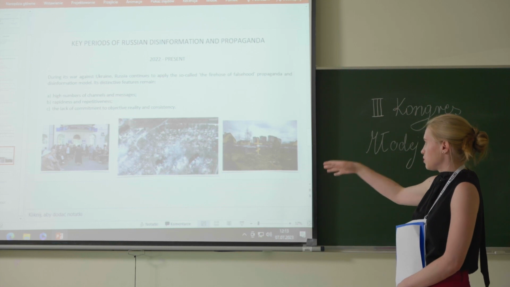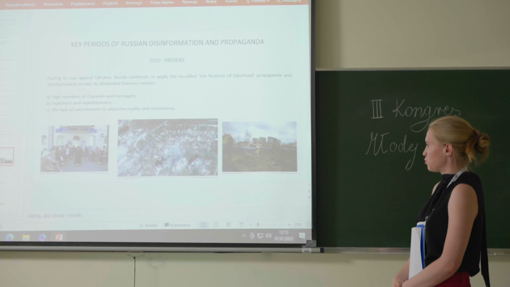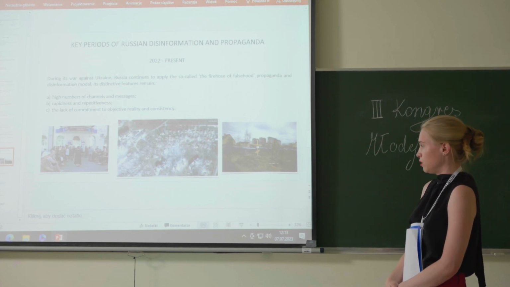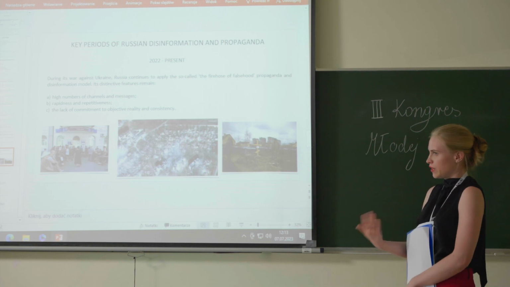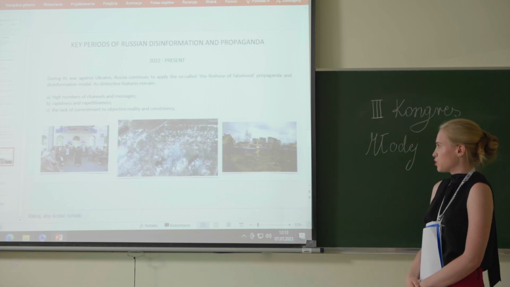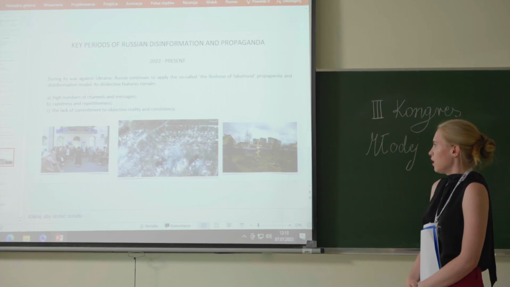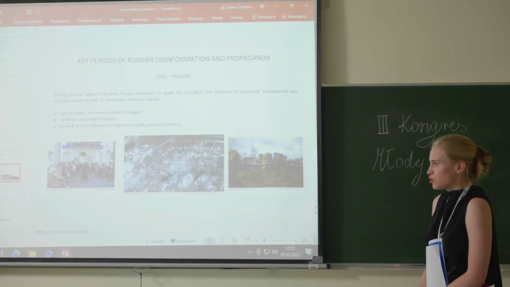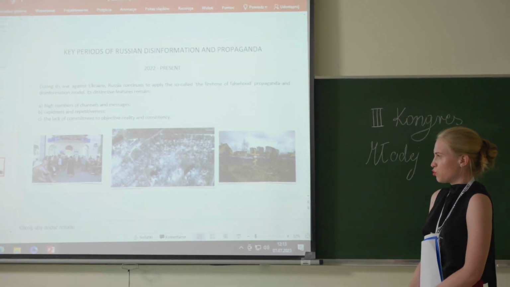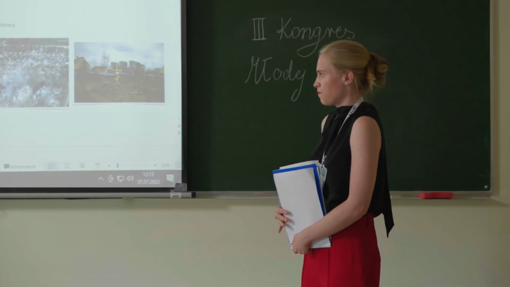The third picture is the last one, and it tries to reflect the atrocities which were committed in Bucha. Again, I think all of us know that Russia denied any participation in committing these atrocities, and said that the pictures were just staged. They were not true, and actors took part in making these photos.